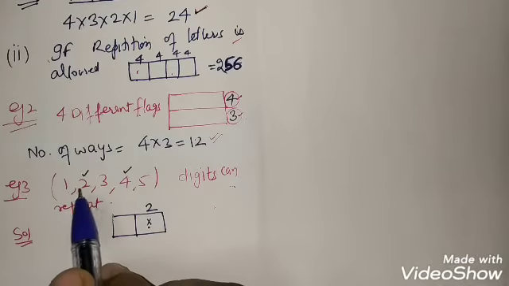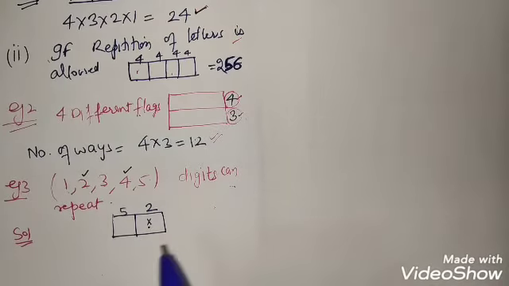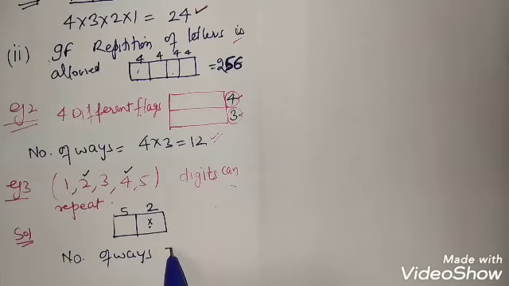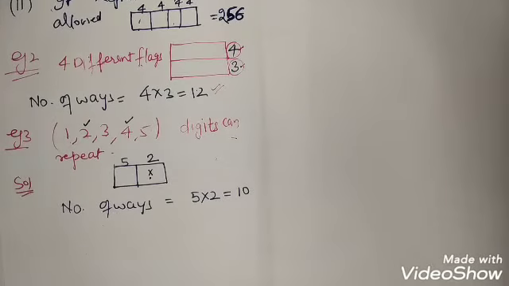How many digits are over there? 1, 2, 3, 4, 5. We are having 5 digits. So I can multiply these. The number of ways of forming an even number by using these digits is 5 into 2, that is equal to 10. So easy to calculate.